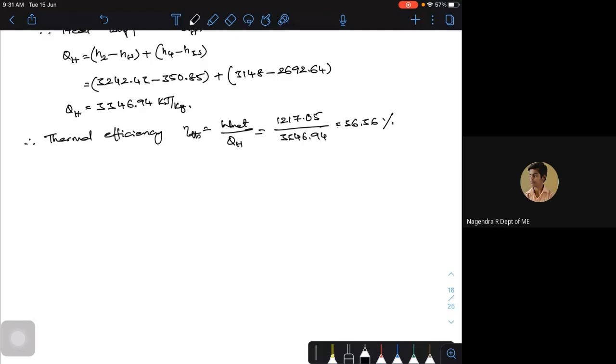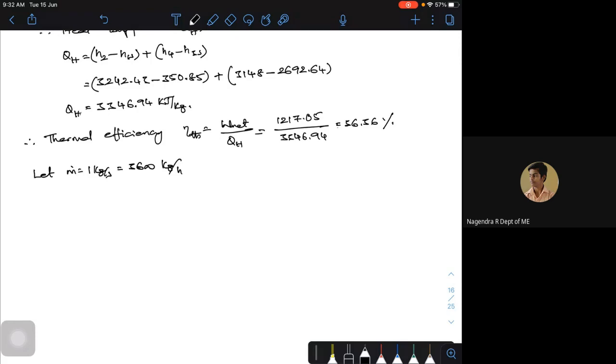So let's assume the mass flow rate is around 1 kg per second, which will be equal to 3600 kg per hour.